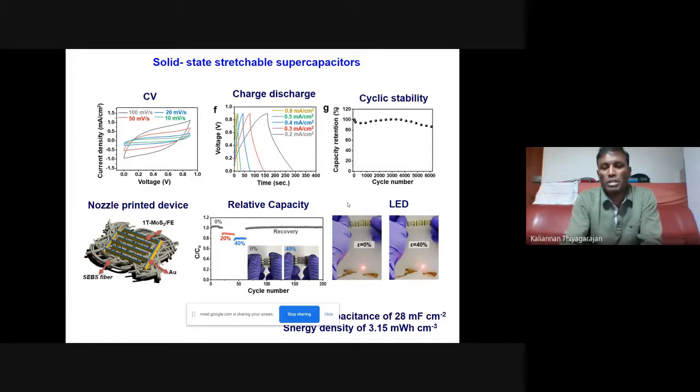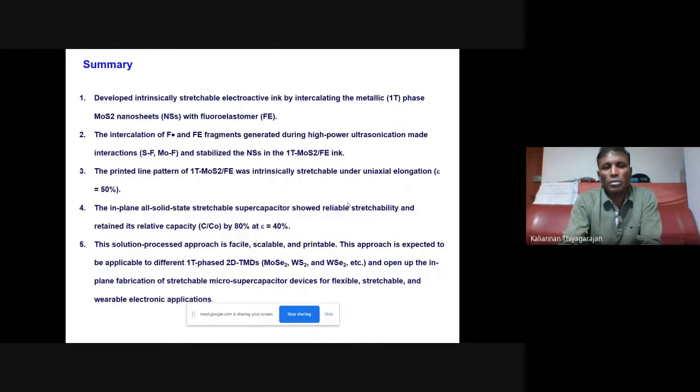We want to further improve this property by intercalating some other atoms or CNT or graphene into the interlayer of the MoS2. That is my next plan. So the work summary is that we developed a stretchable electroactive ink, produced by the intercalation of free radical fluorinated polymers, which induce the stretchability as well as endure the strain and stabilize the ink.